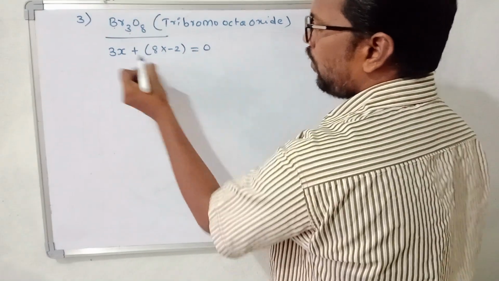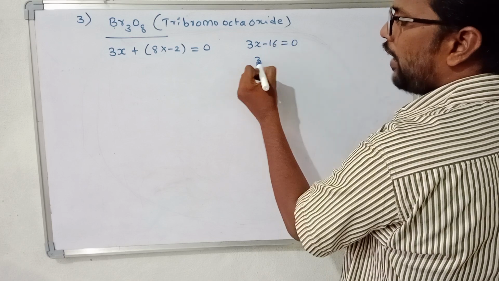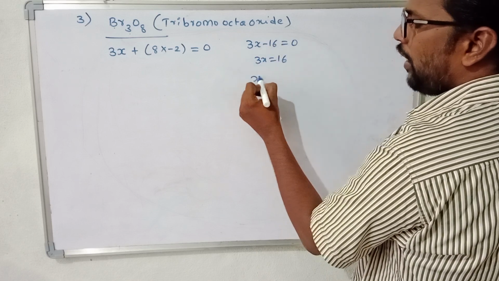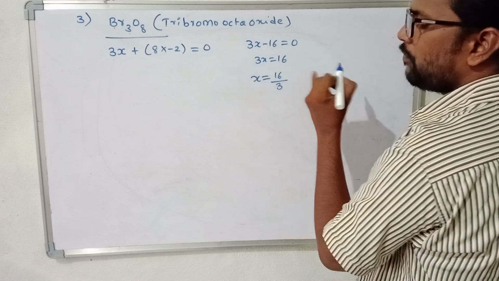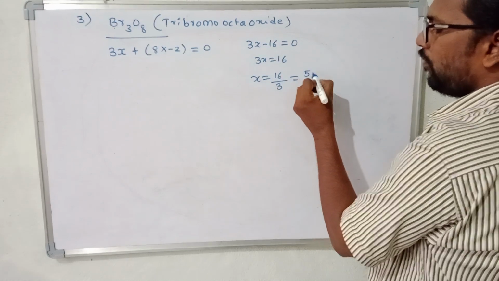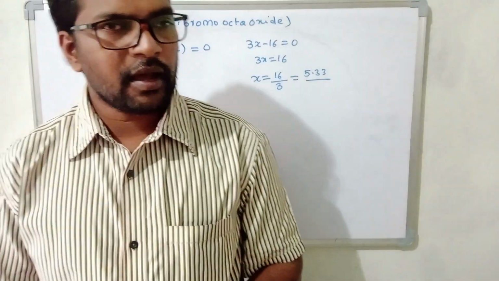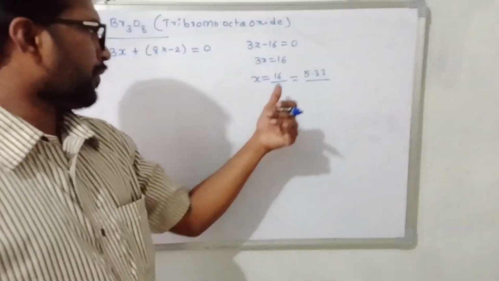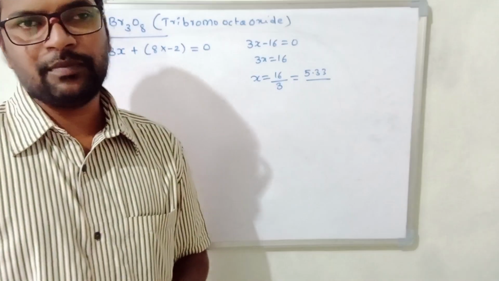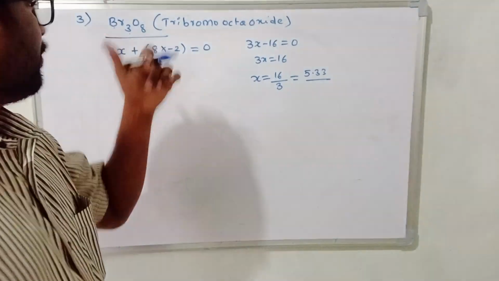So 3x minus 16 is equal to 0, 3x is equal to 16, and x is equal to 16 by 3. 16 by 3 is 5.33. So the fractional oxidation state in Br3O8 is 5.33, or we take the average 16 by 3. It is the fractional oxidation state or average oxidation state in Br3O8.